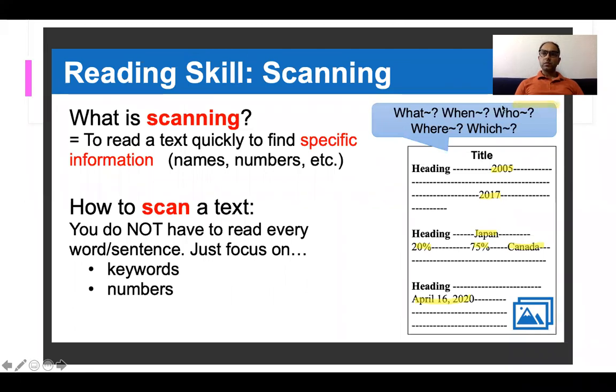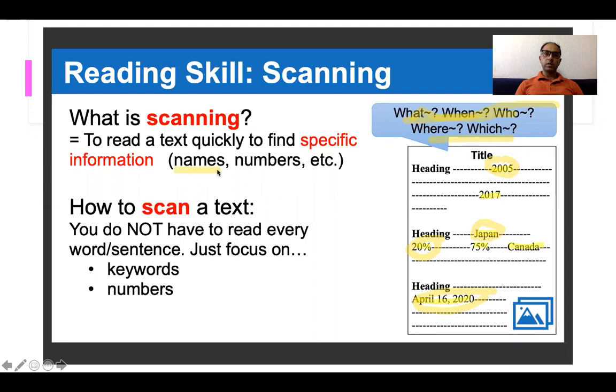So it's all about what, when, who, where, and which. For example, you look for numbers, places, data, dates and everything. So that's scanning: to read a text quickly to find specific information. That's what we talk about when we talk about scanning.